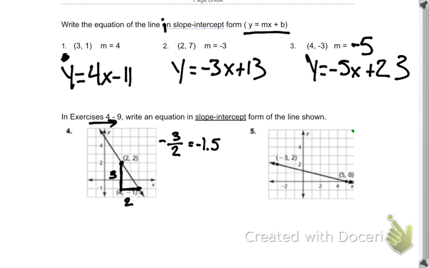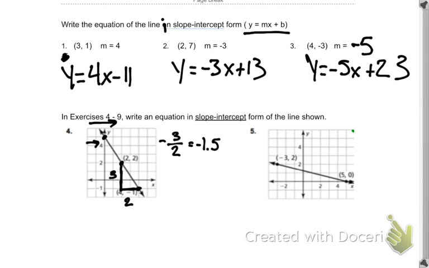Then, to find my y-intercept, I'm just going to find where's my y-axis. Oh, hey, it's right here. So now I want to find where this line crosses the y. And if I were to look at my graph, it looks like my graph is going up by 1s.